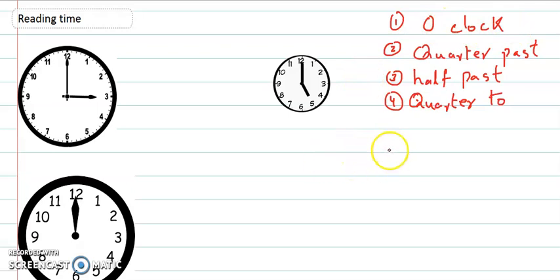It can be 1 o'clock, 2 o'clock, 3 o'clock, 4 o'clock, 5 o'clock. Whenever the word o'clock is used, it means the minute hand will be at 12.